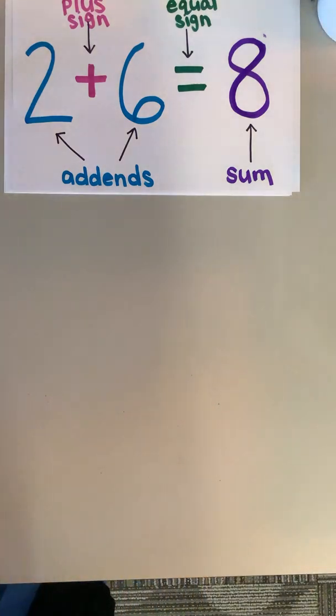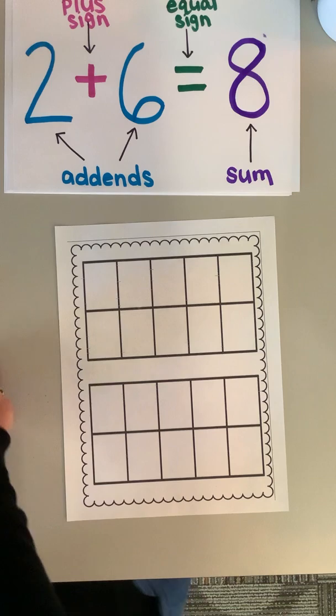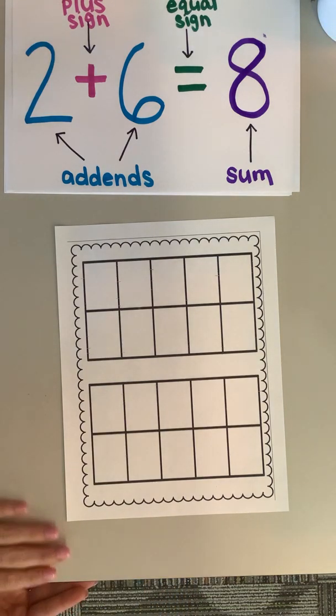This time, I am going to need your help. We're going to solve one more addition action problem, but I want you to see if you can do it without all of my help.